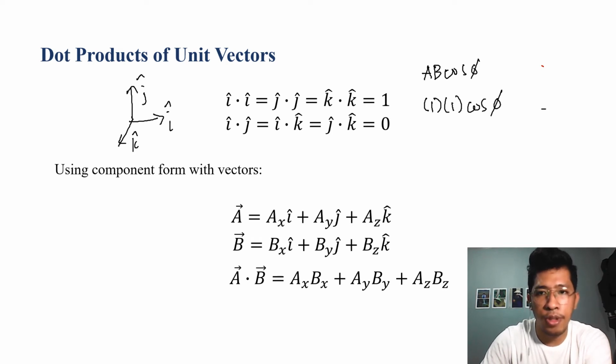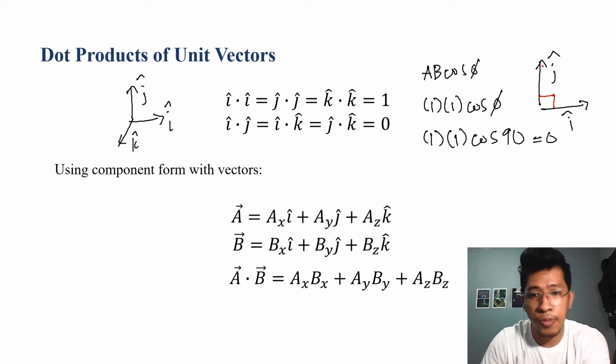If we take, for example, your i hat dot j hat, remember here that they are orthogonal, so they are at 90 degrees, and phi is equal to 90. So you have cosine 90. And what is cosine 90? This is just 0. So getting the dot product of unit vectors that are orthogonal to each other, the dot product is always equal to 0, as they are at 90 degrees with each other.